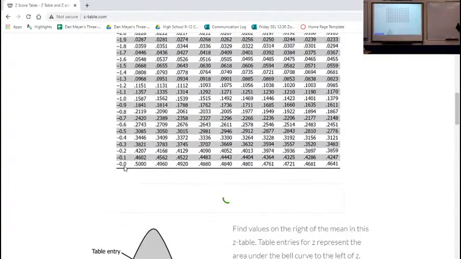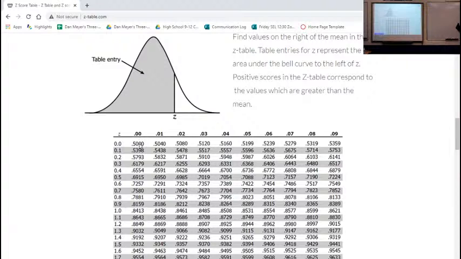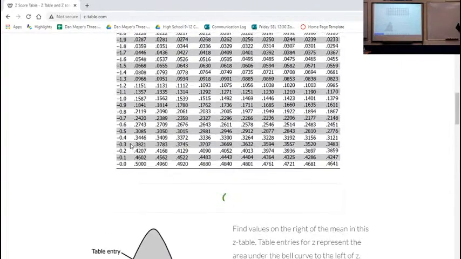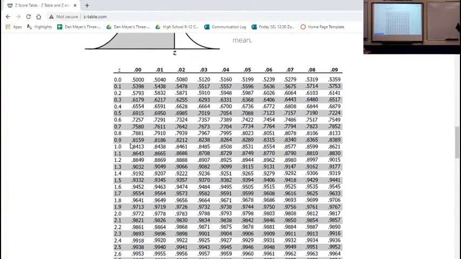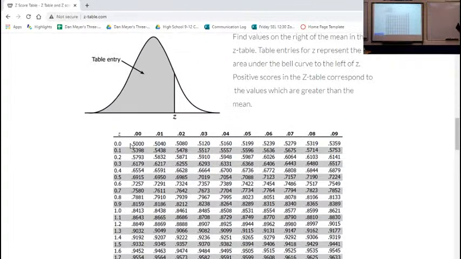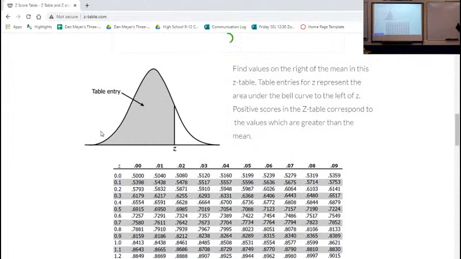So you'll notice that a z-score of 0.00 would be exactly 0.5, which should make sense, so half the data. This gives all the values to the left of that z-score. And you can remember that by the fact that it shades all the stuff to the left in the table.